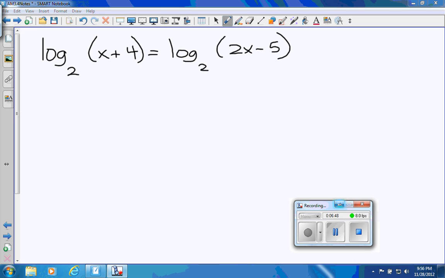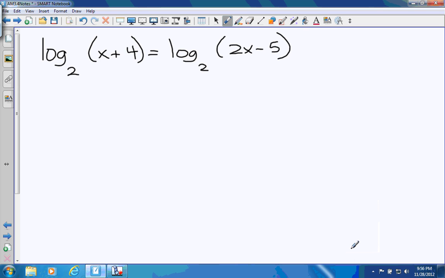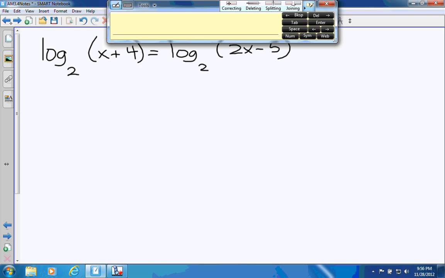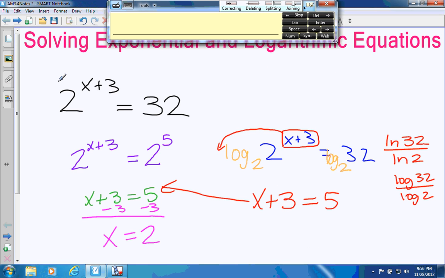So then, moving on to solving logarithmic equations. In this first example, this is similar to the problem we did at the beginning, where we had 2 to the x plus 3 equals 32 when we first made the bases the same. And so since the bases were the same, we could set the exponents to be equal to each other.